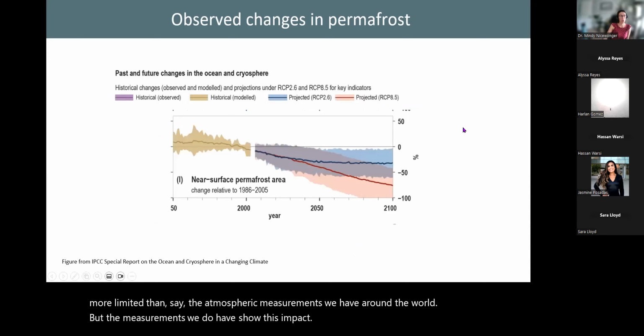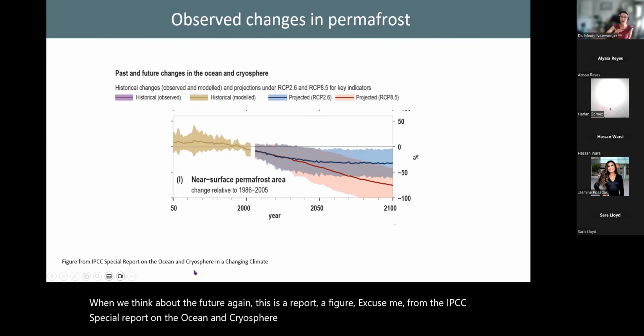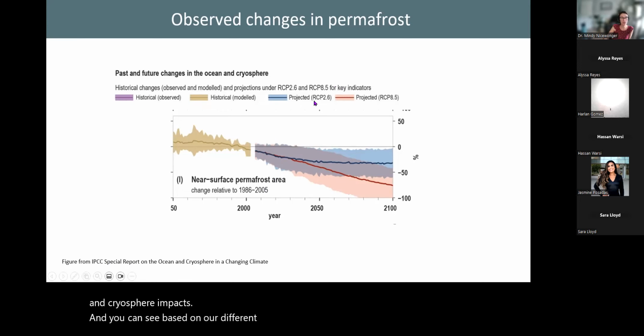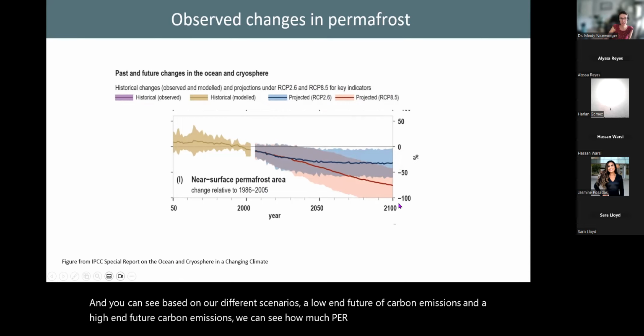Okay. When we think about the future, again, this is a figure from the IPCC special report on the ocean and cryosphere. So they did a whole series of analyses on just ocean and cryosphere impacts. And you can see, based on our different scenarios, a low-end future of carbon emissions and a high-end future of carbon emissions, how much permafrost area change is expected.